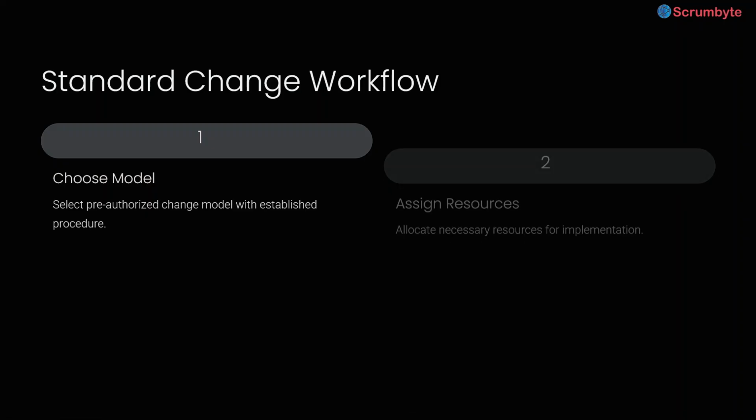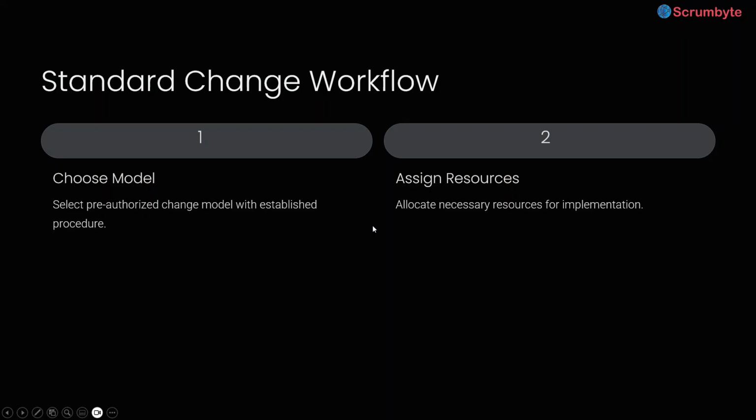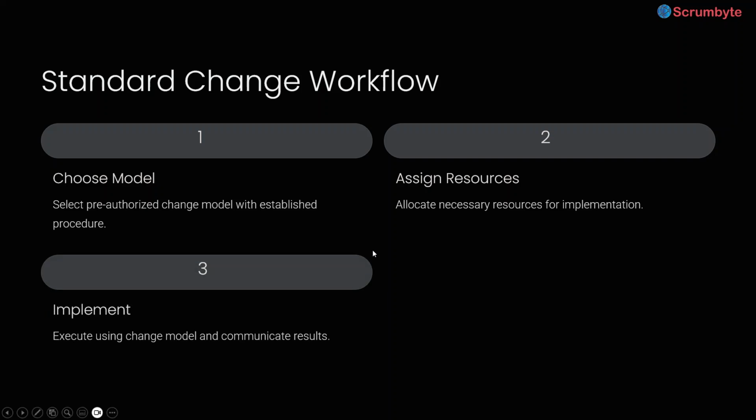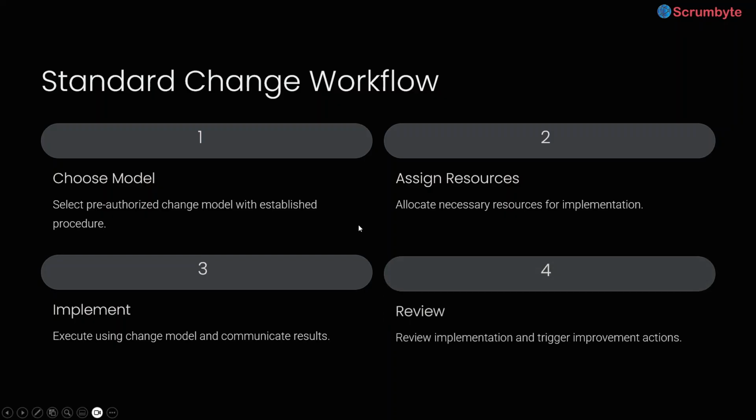So you pre-authorize that change model with an established procedure. Now what we are saying is that these printers are allowed for color printing. It's a very simple example, but I think you get the drift of it. You assign resources for that. You need an engineer who goes and changes the cartridge, and you have to order the cartridge, etc. Then you implement it, and tell everybody that, hey, it's ready to be used as a color printer from now onwards.